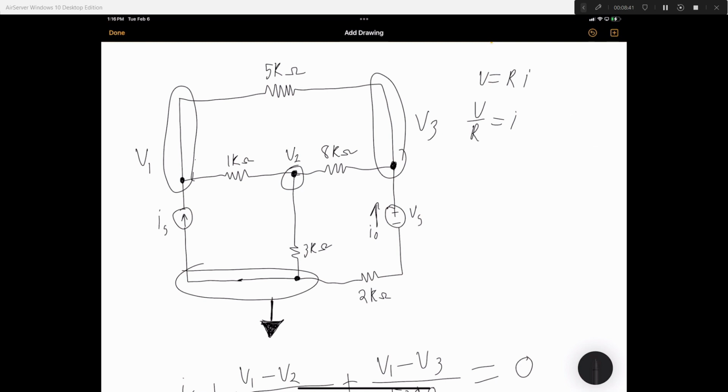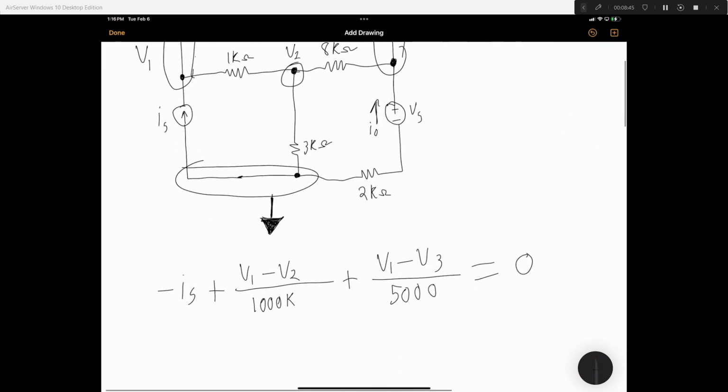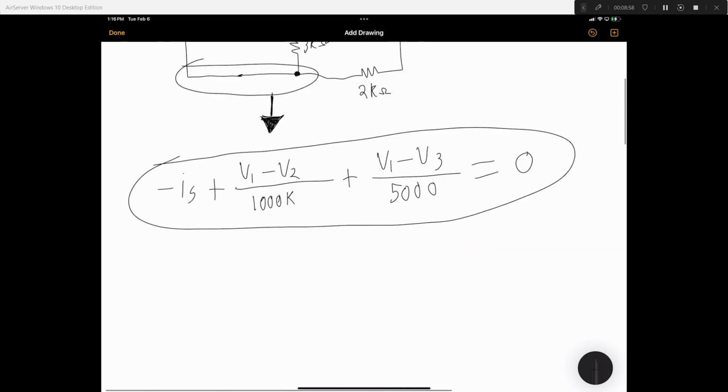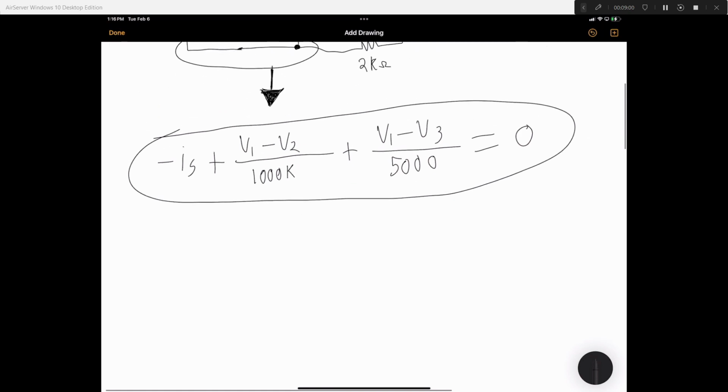Now we're going to do part C. Let's do a KCL at the node labeled V2. This current I sub S is given to you as whatever value it may be, but this is just the algebraic expression. This is for V1.